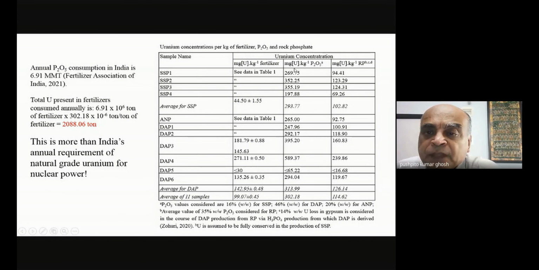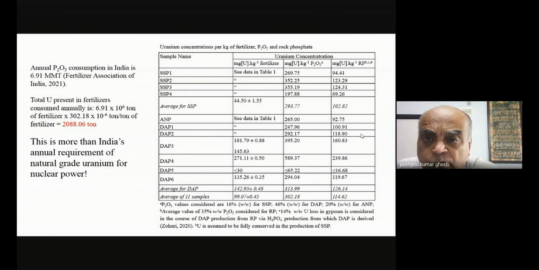So if you take it on the basis of per kg P2O5, because these fertilizers have different P2O5 content, something looks low, but when you normalize it for the P2O5 content, it becomes high. When you do that, you find that these values are all fairly similar, except for one case: 270, 352, 355, 200 almost, 265, 247, 292. So now they are all more or less clustered in some way.